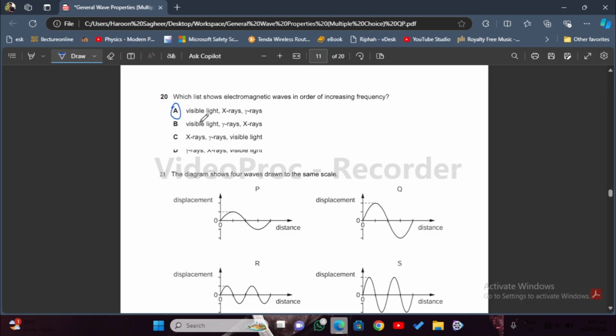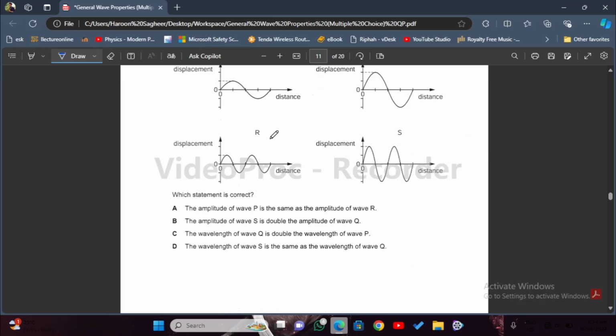Of course, there can't be gamma rays between X-rays and visible light. If you remember, the electromagnetic spectrum goes from gamma rays to radio waves, basically in the order of decreasing frequency. So you need to revise it or watch its picture on the internet or in your book. It's basically given on page 160 of IGCSE Physics.